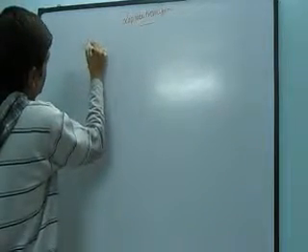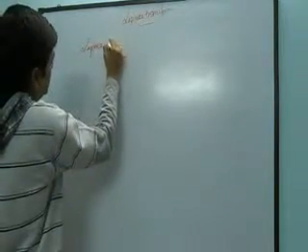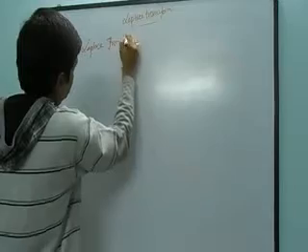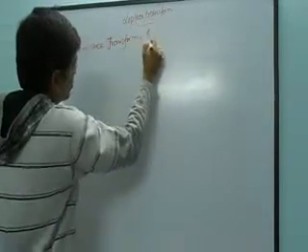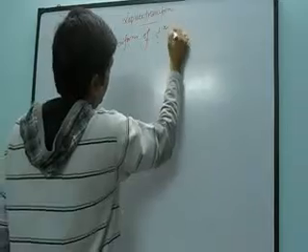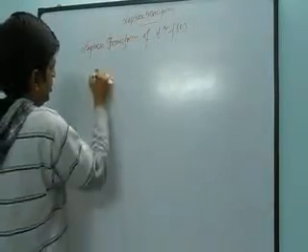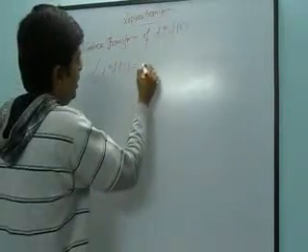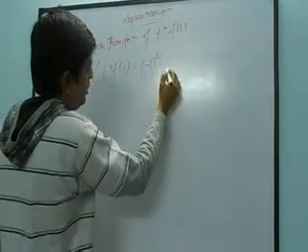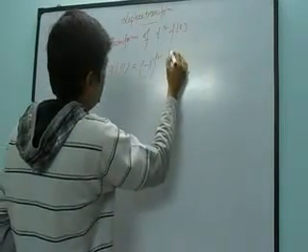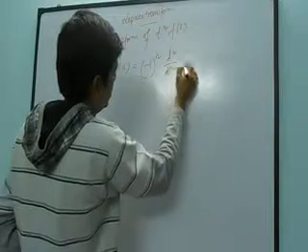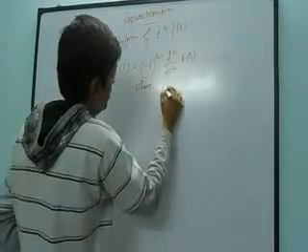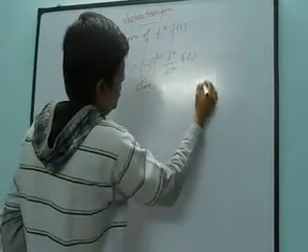Now the Laplace transform of t to the power n f(t). So the Laplace transform of t to the power n f(t) is equal to minus 1 whole to the power n and the nth order derivative of F(s), where the Laplace transform of f(t) is equal to F(s).